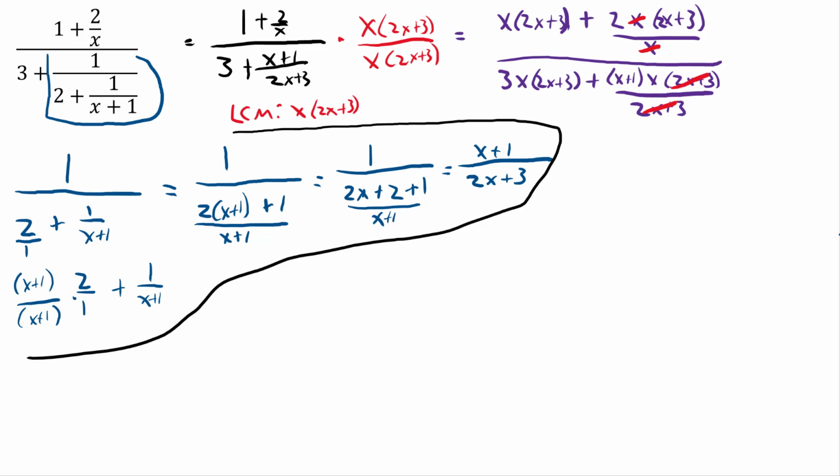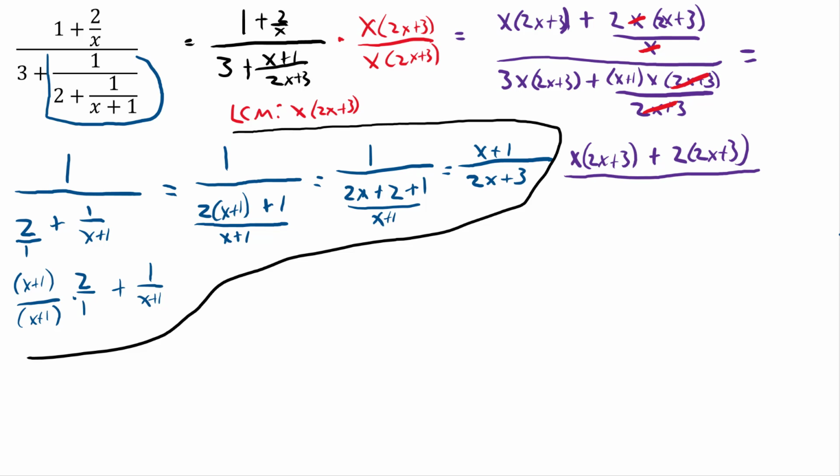So now that we've got that, let's go back to our purple color so we can continue with what we're doing. And again, let's just rewrite this without those canceled values in there. So we should simply have x times 2x plus 3 plus 2 times 2x plus 3.